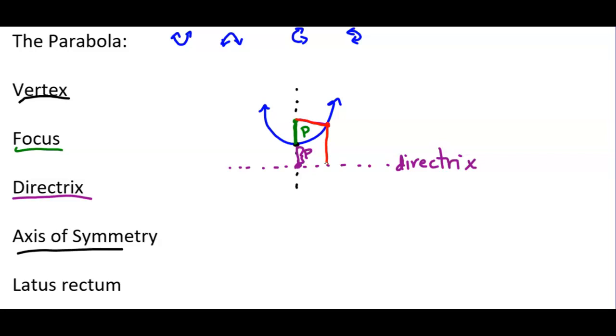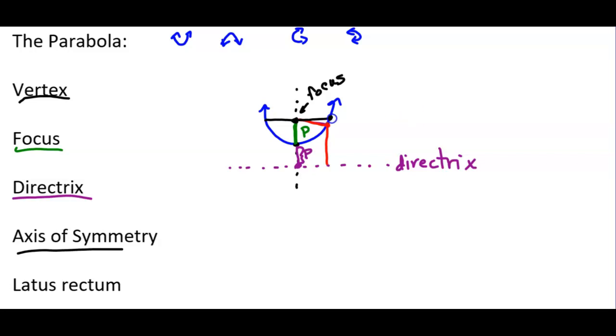Now we've talked about everything except the latus rectum. If you take where your focus is, and we only have one focus for a parabola, and draw a line parallel to the directrix, you're going through the focus and then to the parabola.